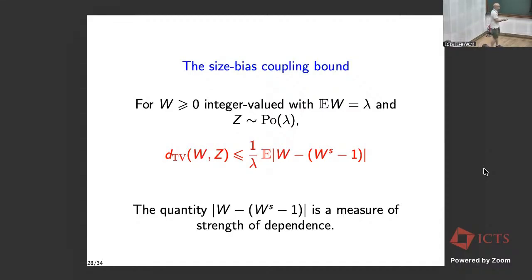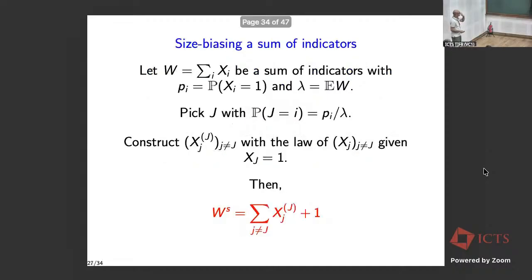So this quantity is a measure of strength of dependence, because if you pick one indicator, force it to be 1, how much you need to adjust the rest is a measure of how much dependence you have in your random variables. The more dependence you have, the weaker your approximation will be, and the less dependence you have, the better your approximation to the Poisson random variable will be. What is dependence here? It's size bias. Okay, W is a sum of indicators. We know that if these indicators are independent, we have a good approximation.